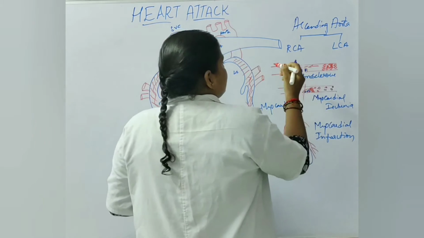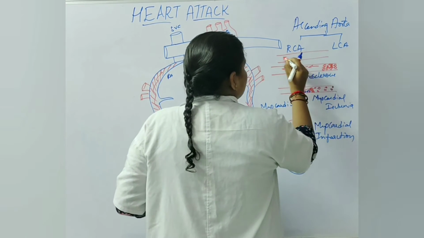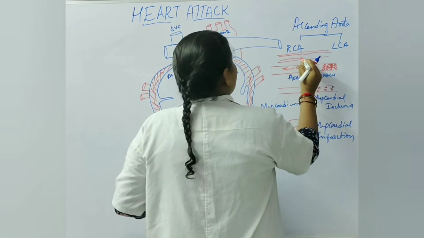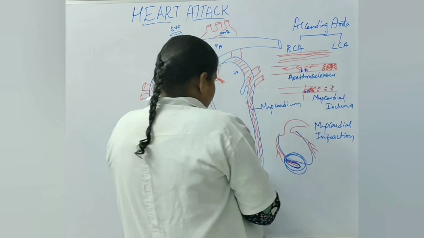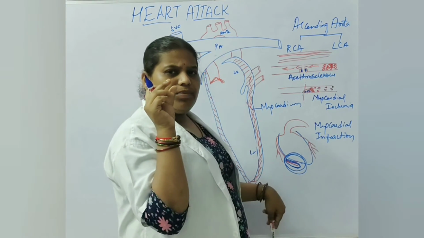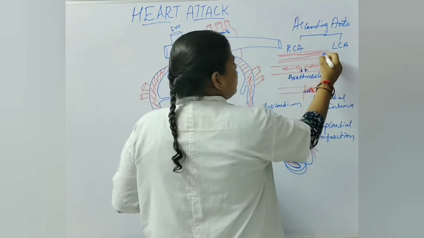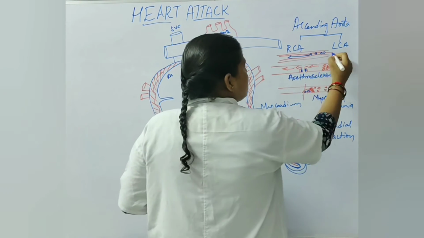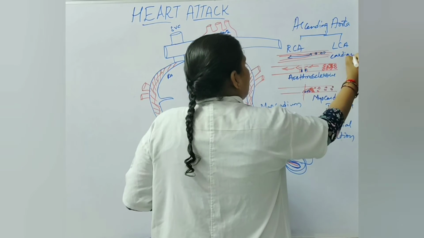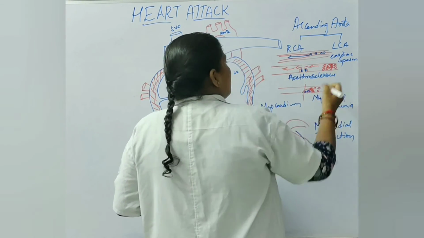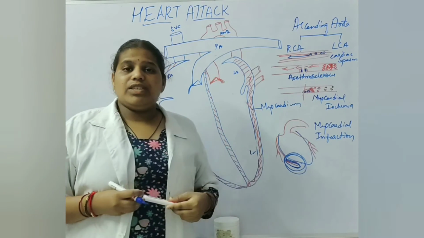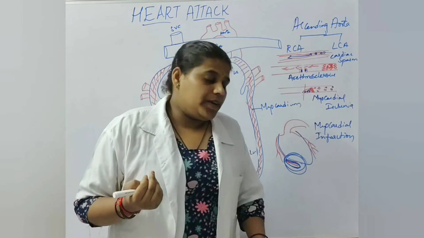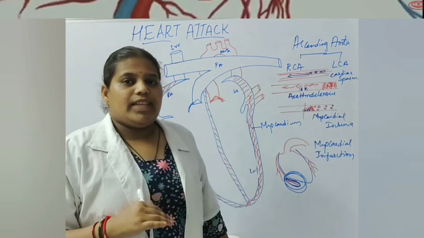And we have another condition where the blood vessel becomes thin, so that there is no flow of blood from this area to this area. This condition is called a cardiac spasm, which mostly occurs due to stress, during some exercise, and when a person is smoking.